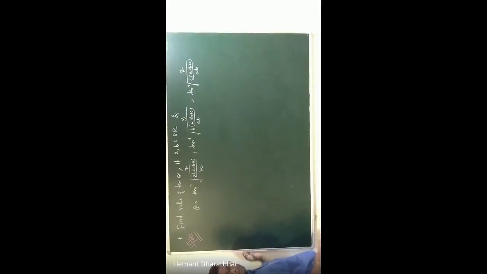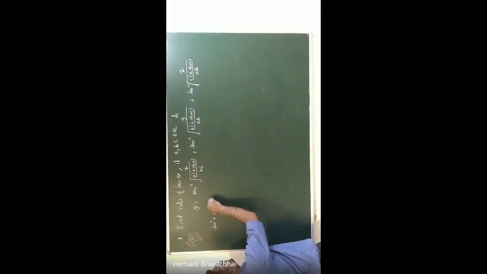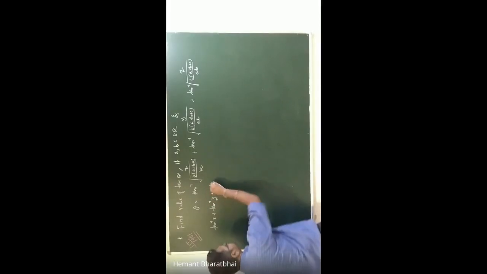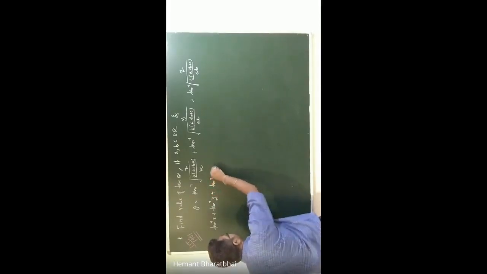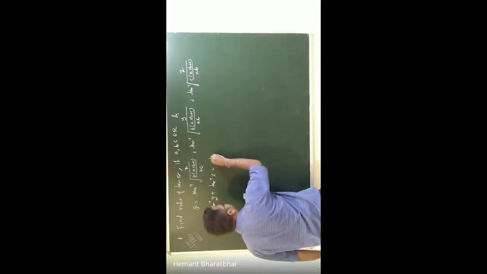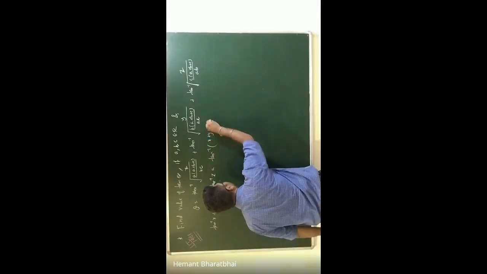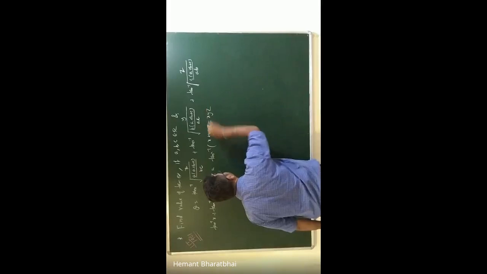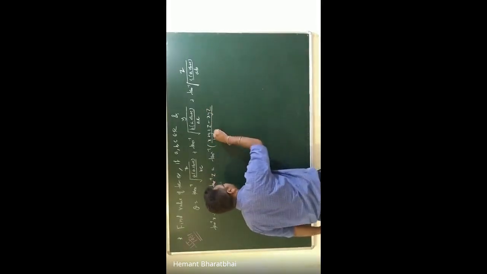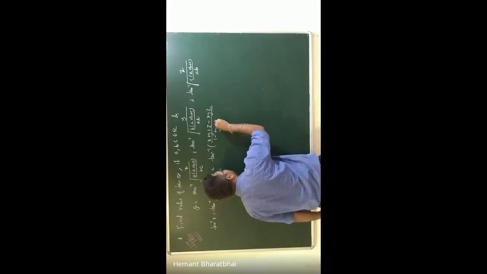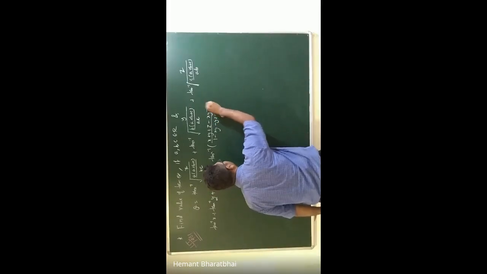It may look complex, but if you simplify it, you will get that. So we know the formula for tan inverse of x plus tan inverse of y plus tan inverse of z can be written as tan inverse of x plus y plus z minus xyz upon 1 minus xy minus yz minus xz.